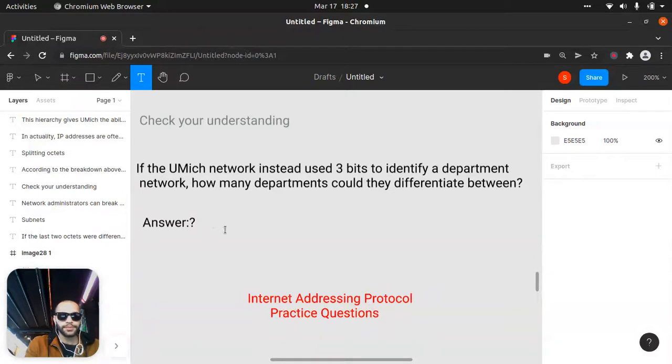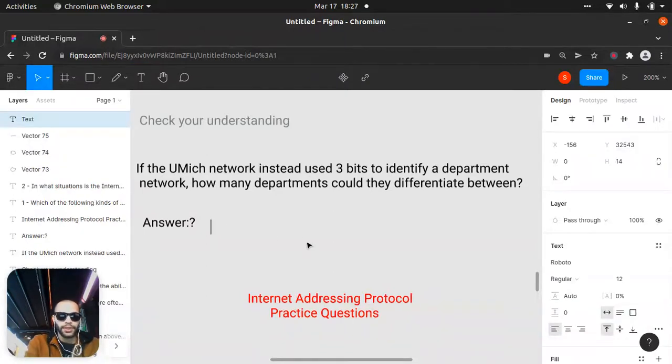Let's come here. If we say 2 bits, it will be 2 power of 2, right? It will be 4. There can be 4 areas, like 4 parts. So if we say 3 bits, it will be 8, because 3 power of 2 is 8.